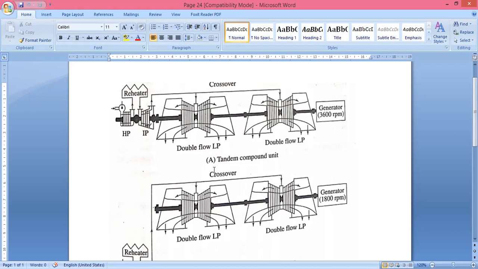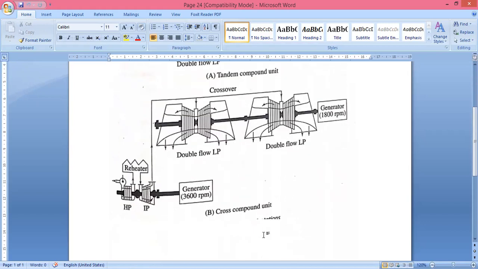This speed is generally used in the USA, while India requires 50 Hz frequency with a 3000 rpm driving generator. The low pressure turbine operates at a comparatively lower speed, but they are not working on the same shaft itself.